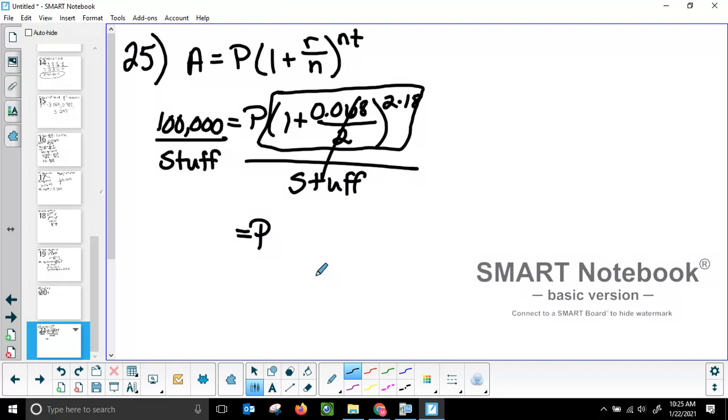So 100,000 divided by (1 plus 0.068 over 2), all raised to the 36th power.